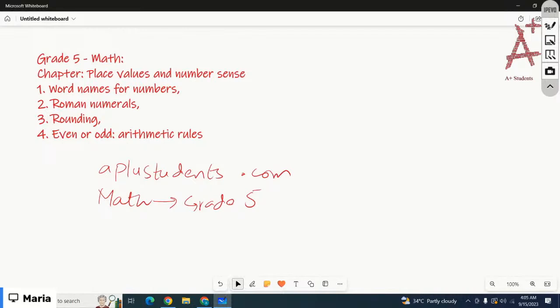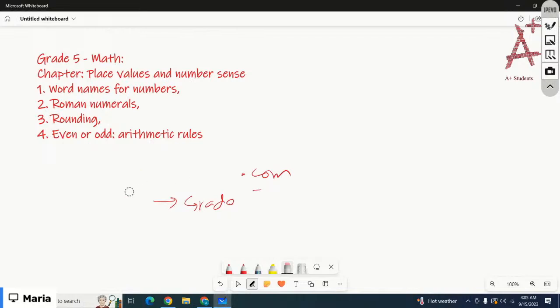We're going to start with the chapter Place Values and Number Sense. Let's start with the first lesson, word names for numbers. So what are the word names of a number? For example, you are given the number 414. How do you read this number?